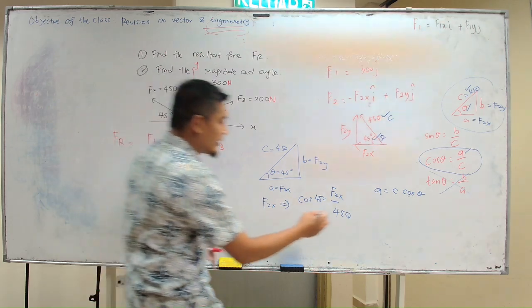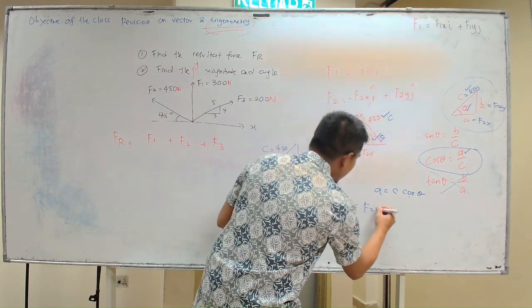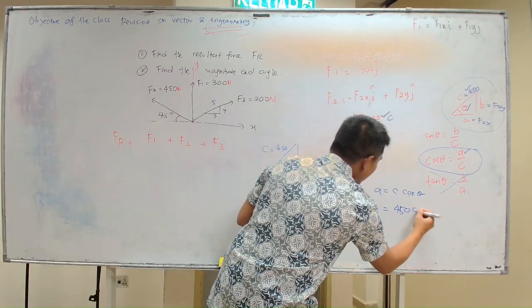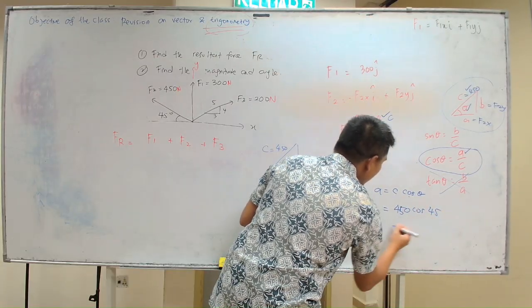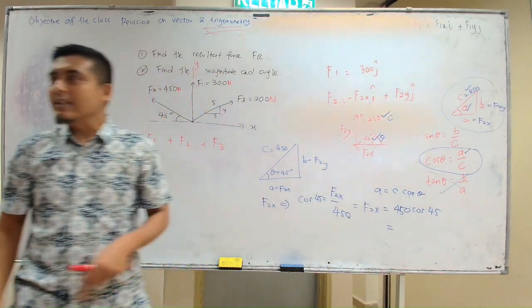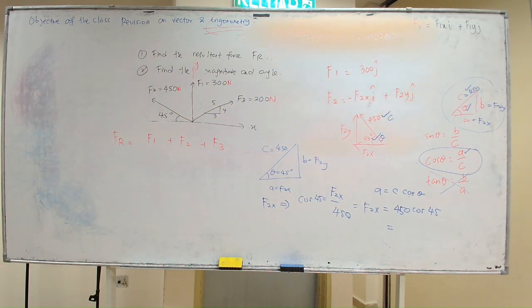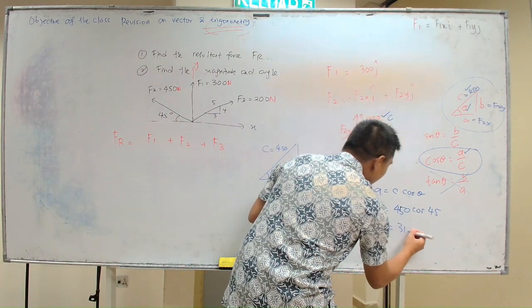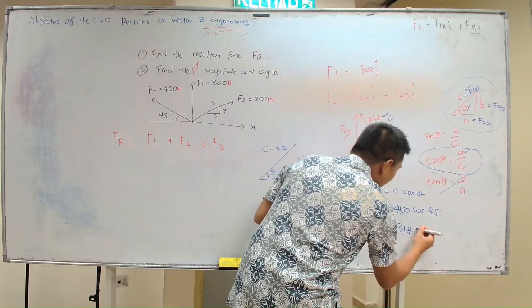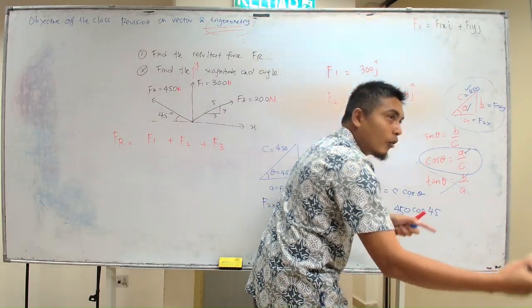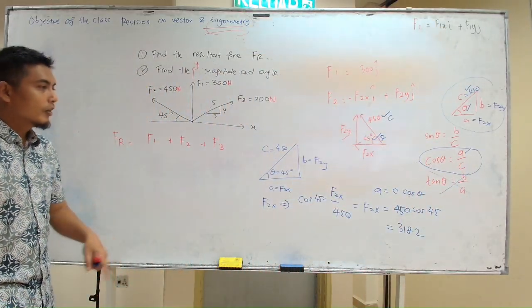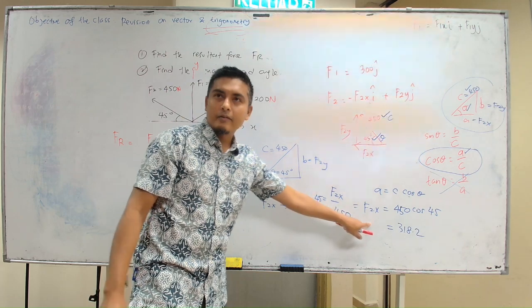So now can you calculate F2x? Equal to 450 cos 45. Can you use your calculator to calculate the answer? What is the answer? 318.18. Okay. So this is your F2x.